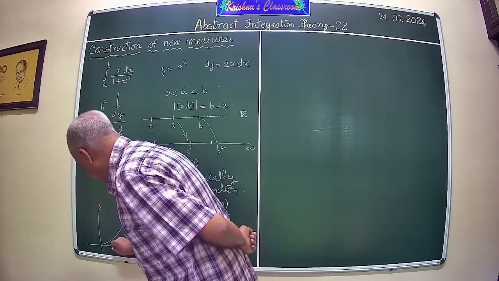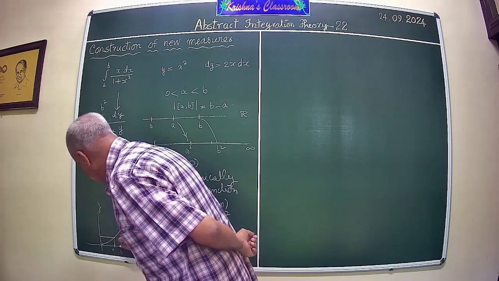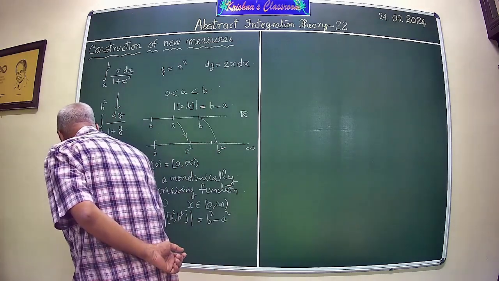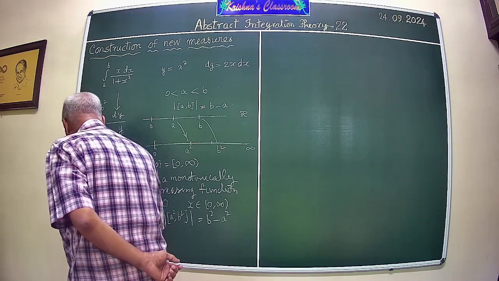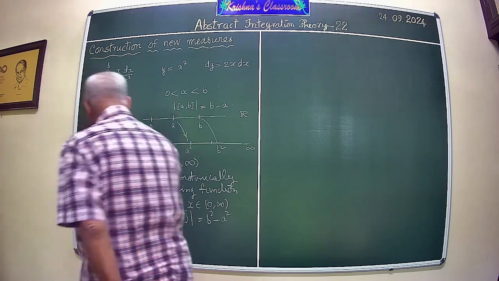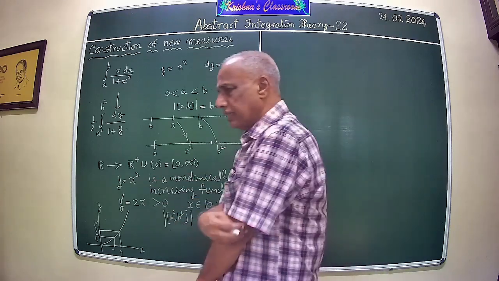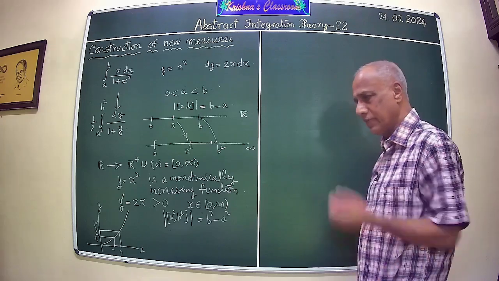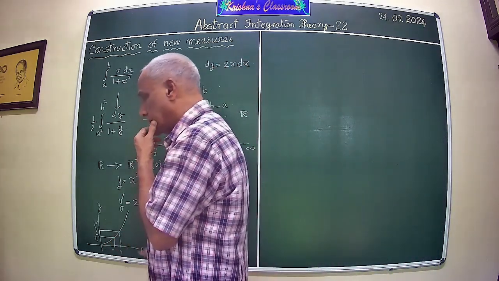The interval AB is mapped to a new interval, a square to b square. This is the new image. Likewise, every interval here gets mapped to another interval. But now the length of the image is going to be totally different from what it was, not equal.